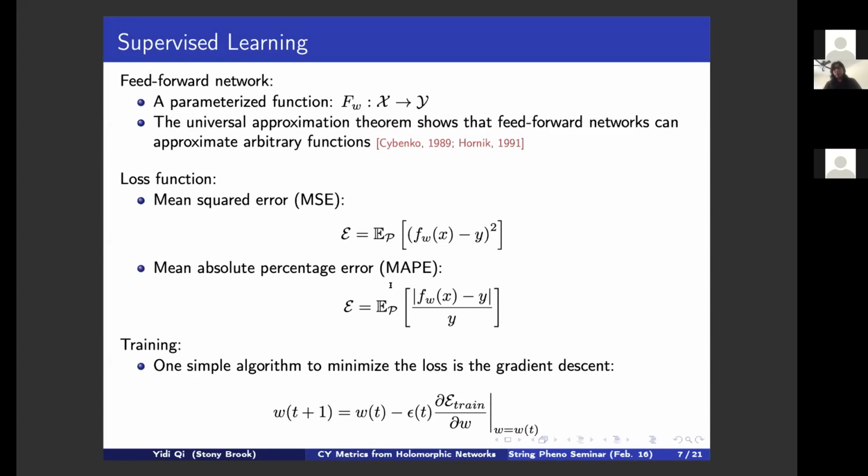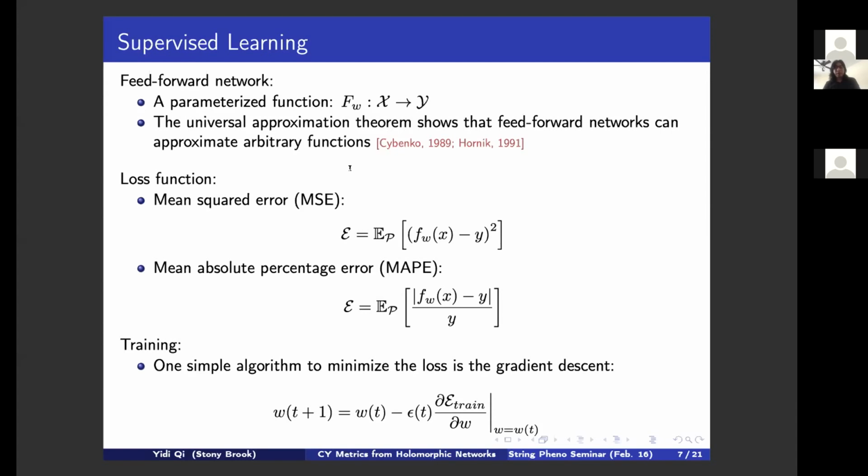This is the simplest example, and later we will see that it actually doesn't work in all network settings. But in general, you have some sort of data set, and you use a network to construct this kind of mapping, then you use the loss function to measure your performance, and you use some algorithm to train your network to get the optimized function you want.